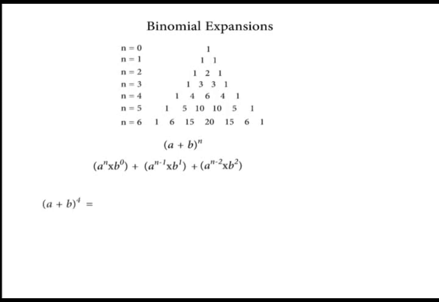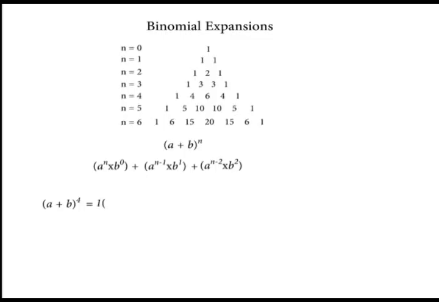Consider a plus b raised to the power of 4. Here, n is equal to 4, and from the Pascal triangle, the coefficients are 1, 4, 6, 4, and 1. We expand. First terms, the coefficient is 1.